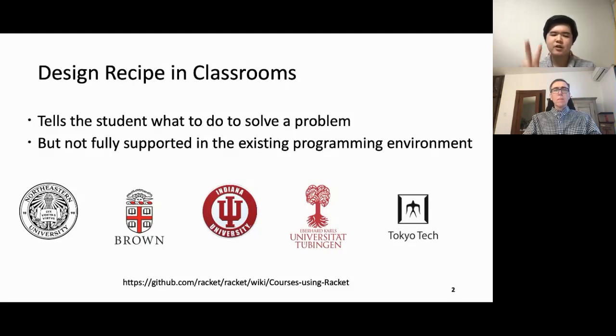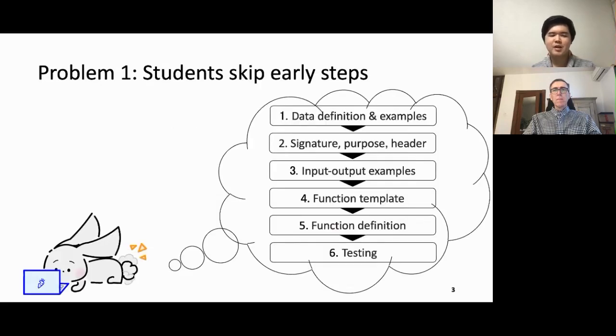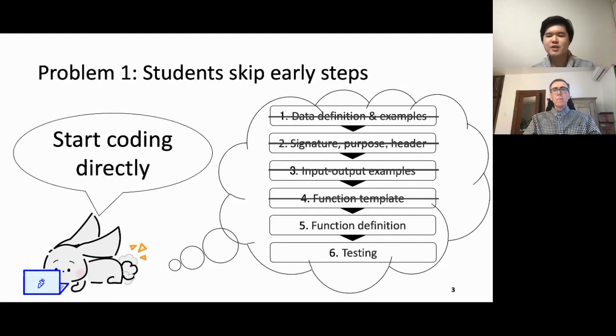Specifically, there are 2 problems. First, the student may skip early steps and directly start coding. It's not surprising, because for students, the most important thing is to have a program that works.